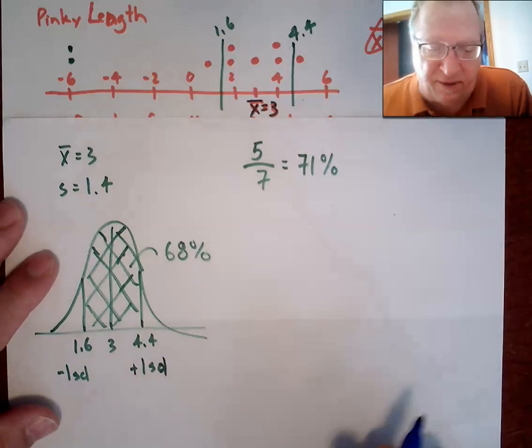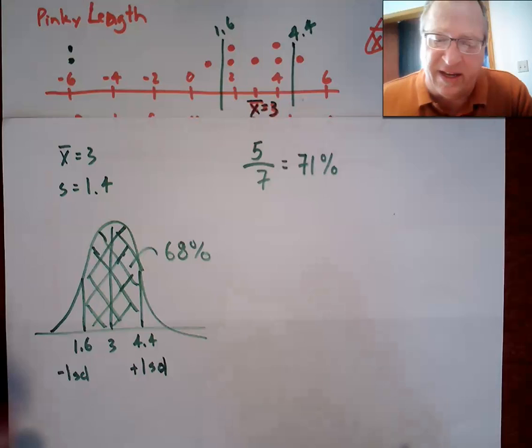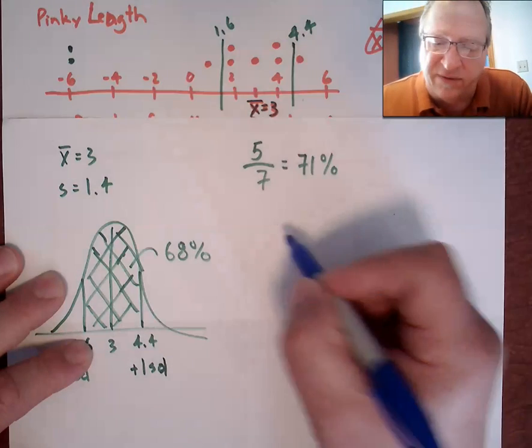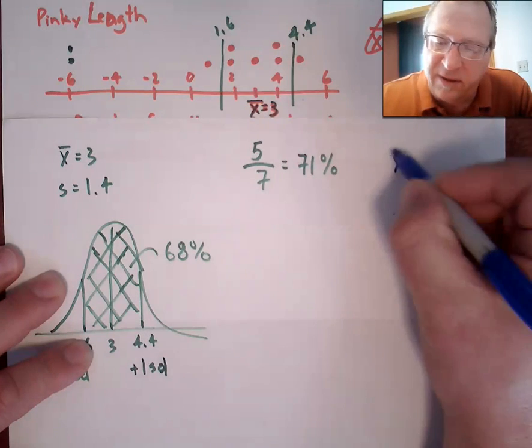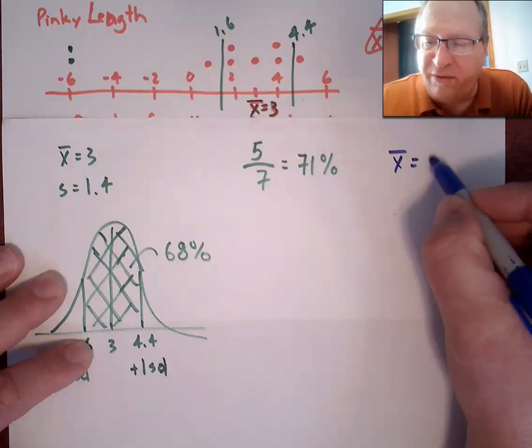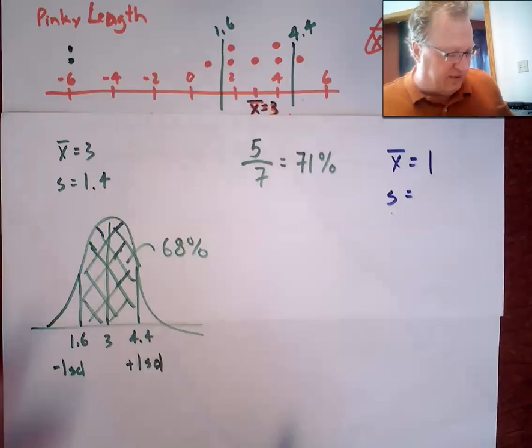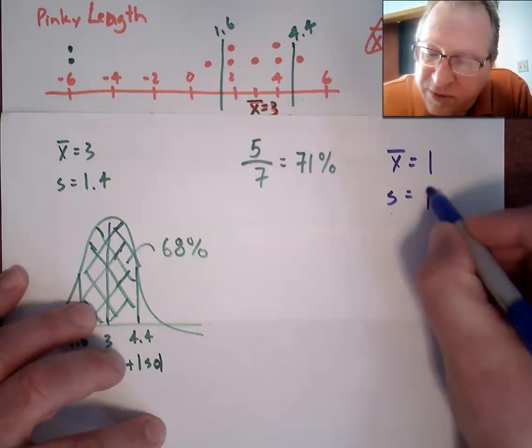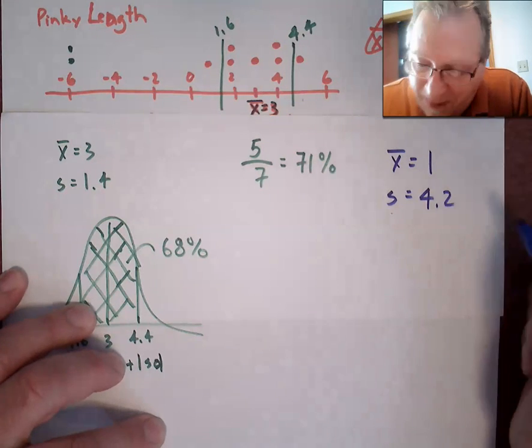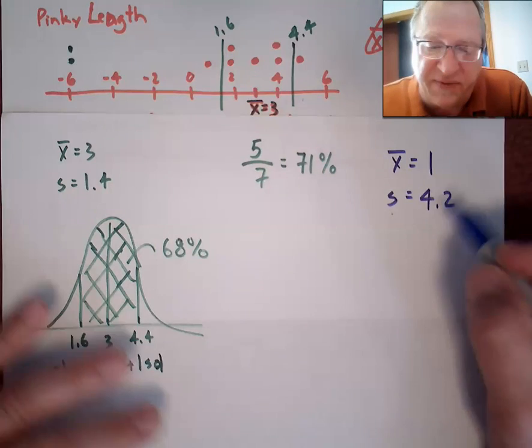That's theoretical. Well, now in our second case, we have a sample mean of 1 and a sample standard deviation of 4.2. And let's plot those values.